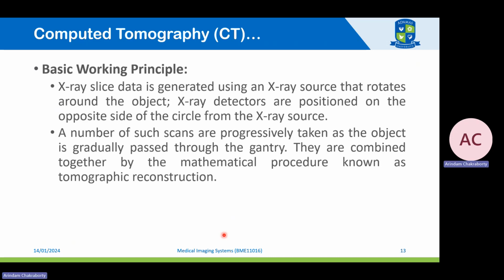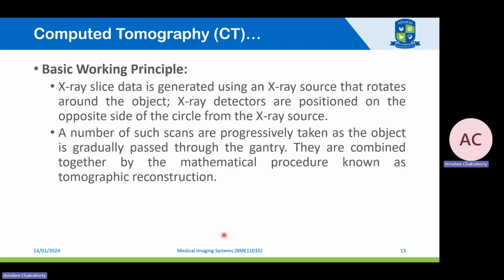Once a number of successive slices are collected by the machine's computer, they can be digitally stacked or overlaid one upon another to form a 3D representation of the patient's internal structure, which allows for easier identification of the basic structure as well as finding abnormalities.